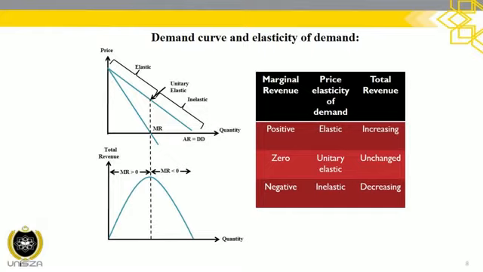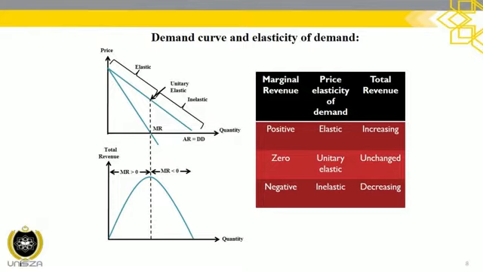The curve shows how the total revenue for a monopolist is related to the marginal revenue. When the marginal revenue is positive, the demand is elastic, where the price decreases and the total revenue will increase. If the marginal revenue is negative, the demand is inelastic because the price decline will cause the total revenue to fall.